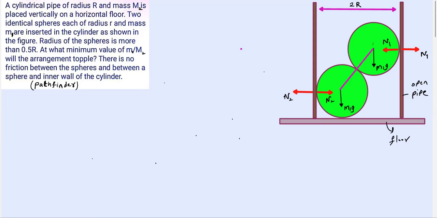First we'll analyze this one. So what is this N1? The force exerted by the first sphere on the pipe, and similarly by the pipe on the sphere.